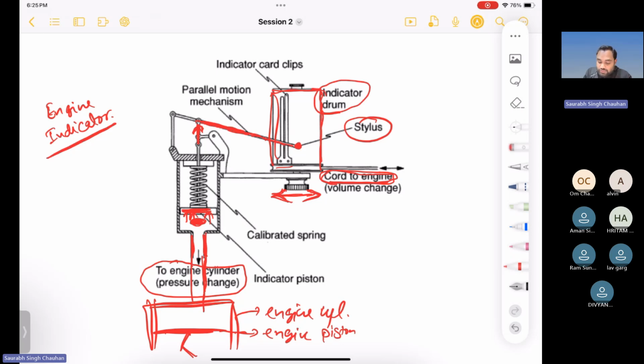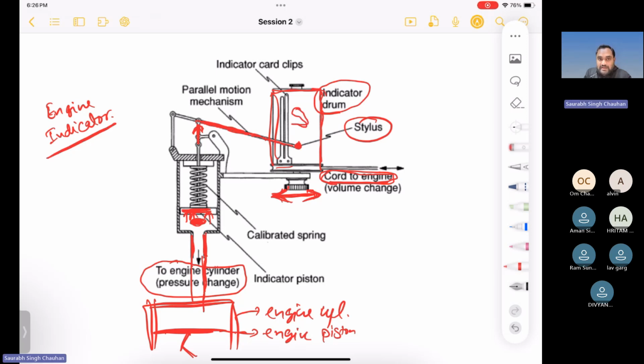Due to the motion of this drum and the motion of this stylus, there will be some marking on this paper, right? So you will get some diagram.